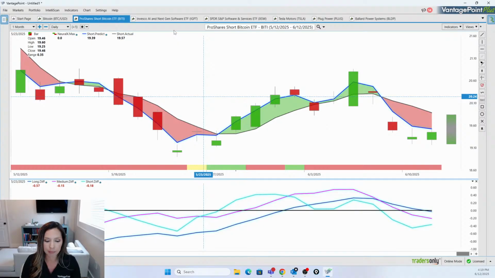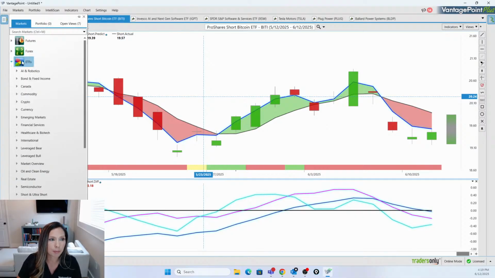Things like the artificial intelligence sector, again, clean energy as well, but not only just the individual stocks, but also the ETFs. So if you notice, I'm just going to open this up. VantagePoint, we have many ETFs here, and we've recently added to our ETF repertoire.